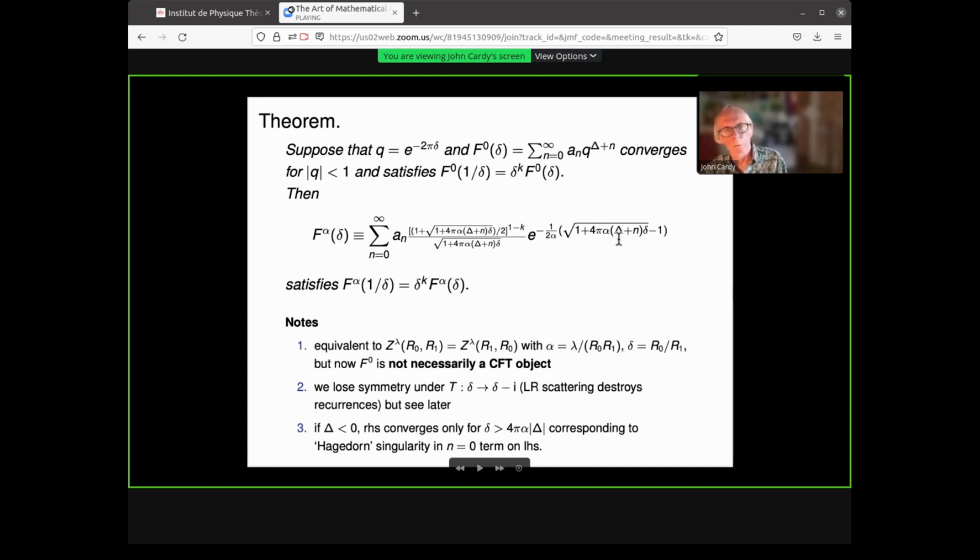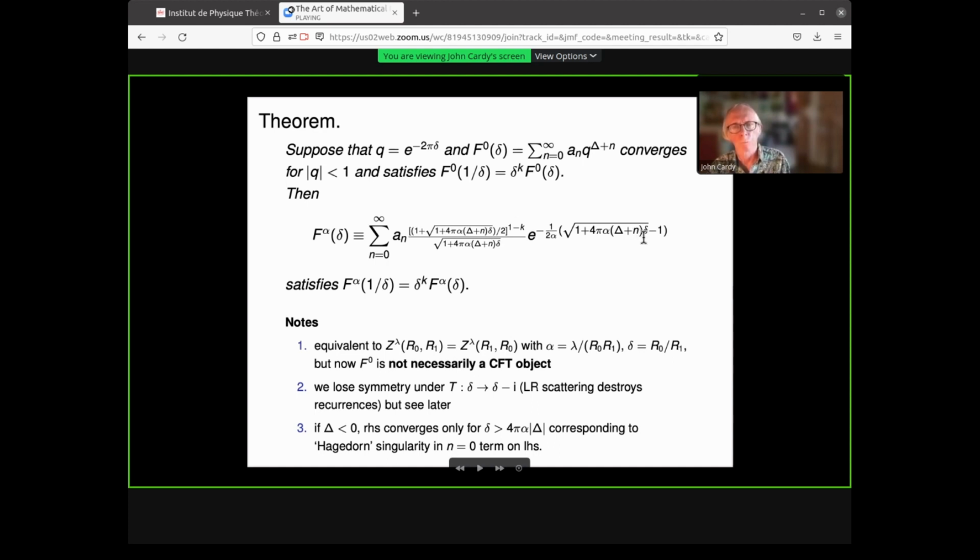If you look at the n equals 0 term here, that's going to be the leading singularity. And if delta is negative, there's going to be a singularity here at small delta equals minus 1 over 4 pi alpha times large delta. Okay, and so everything is going to be okay as long as this small delta is small enough.